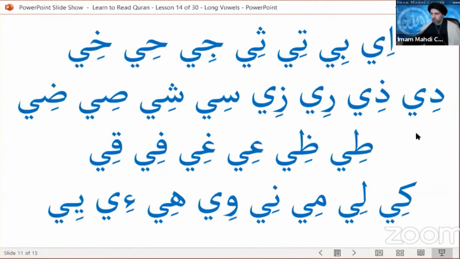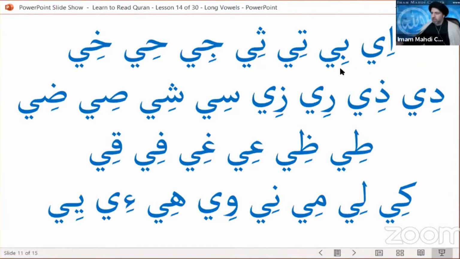Now we move to the next long vowel, the mad with the ya. So we said that whenever a letter has kasra and a ya directly after it, then it gets the long e vowel sound. So now let's read all of these letters with this vowel sound. We start from the beginning. Here we go.